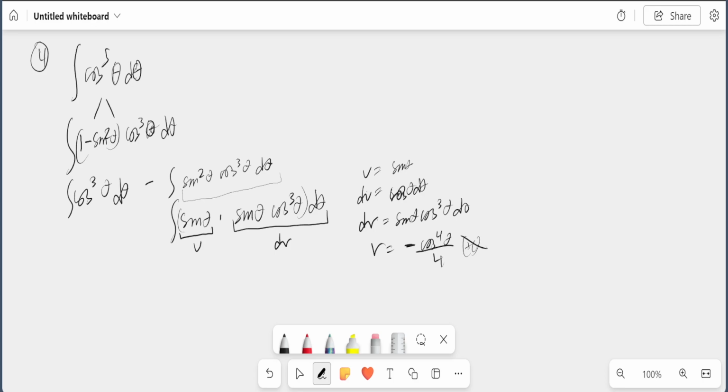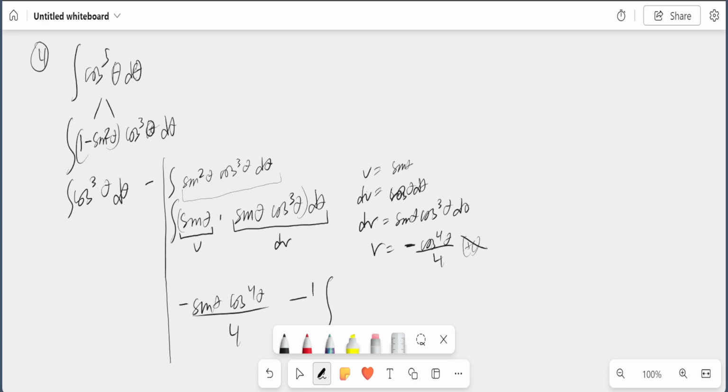Okay, so now it's uv, negative sine theta cosine to the fourth theta over 4, minus the integral of v du.